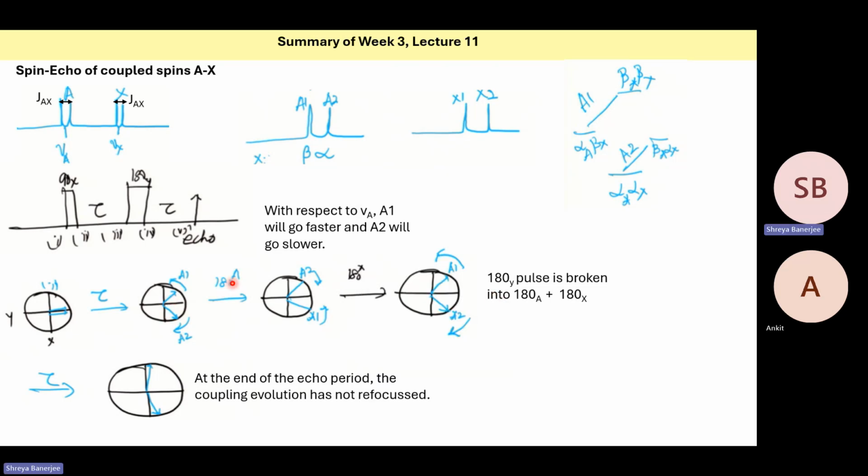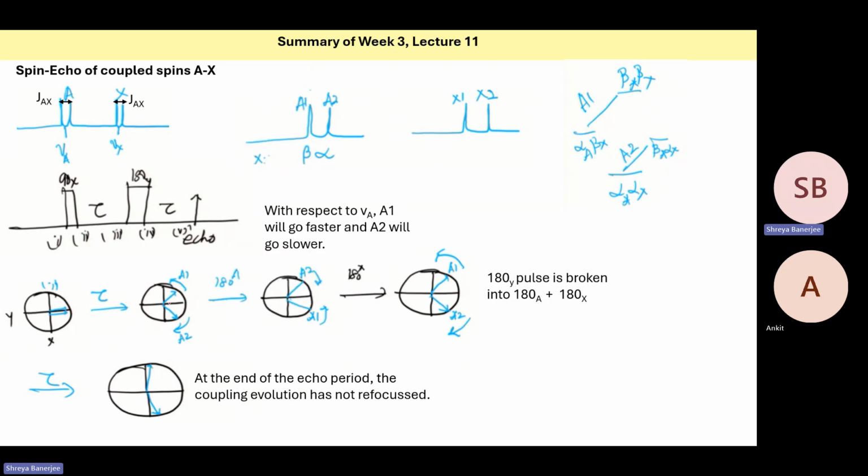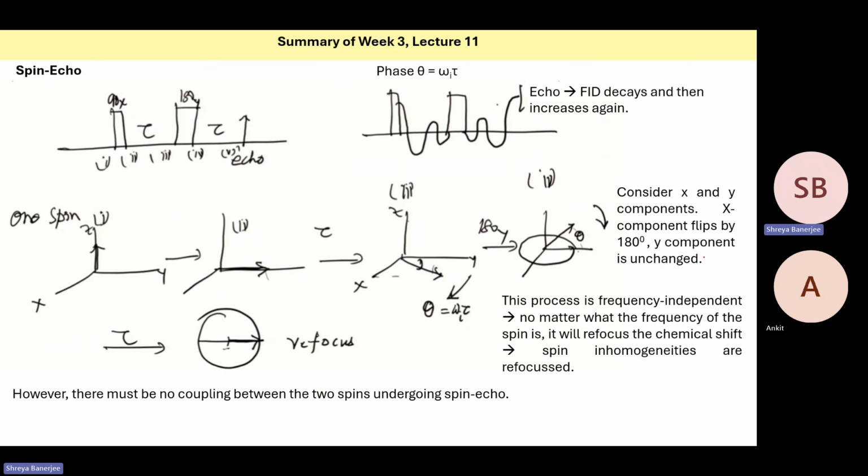This 180 pulse we saw in the previous, you can break it up into x and y components. You can break both of these up into x and y components, and the lower one also. So when you carry out a 180y pulse, 180y is flipping the x component and the y component is remaining unchanged.